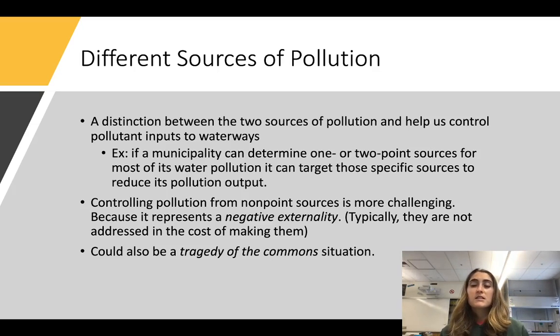It presents itself in a tragedy of the commons type scenario because the people in Billings, Montana, who live on that river, who may be polluting with agricultural waste, don't really care what's happening in the Mississippi River because none of it directly impacts them. They also may not be intentionally trying to pollute the Mississippi River and intentionally create more hypoxic conditions in the Gulf of Mexico. So we would also consider this a negative externality.